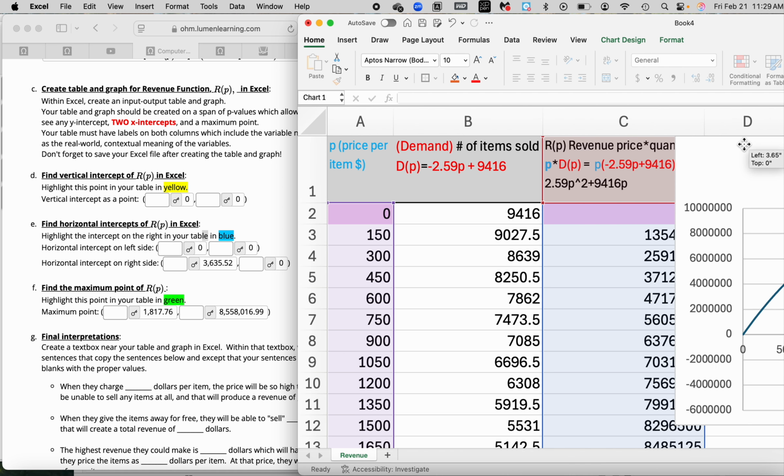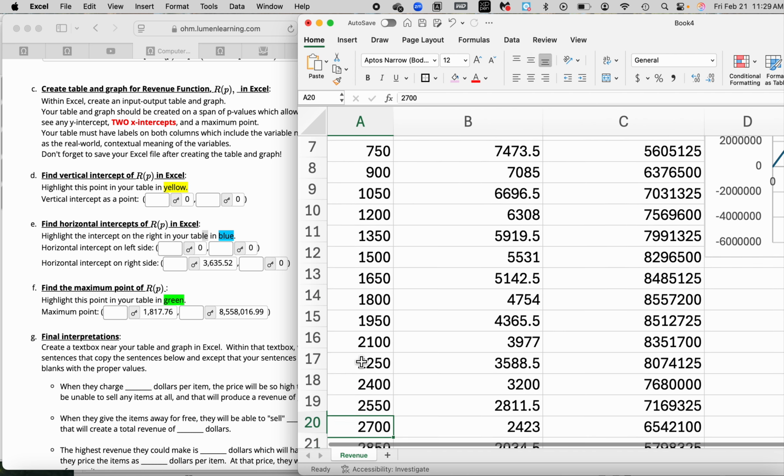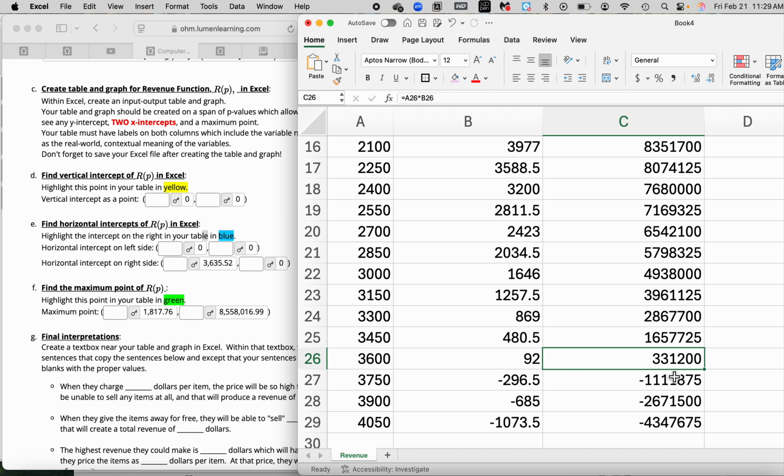So let's look at our table. Somewhere between $3,600 and $3,750, I can see that my revenue goes from a positive number to a negative number, meaning it must pass through 0.